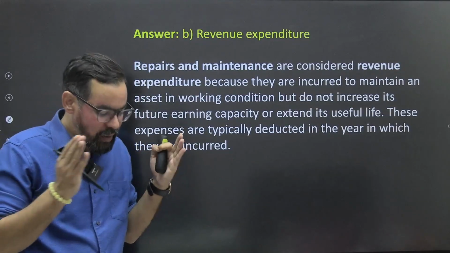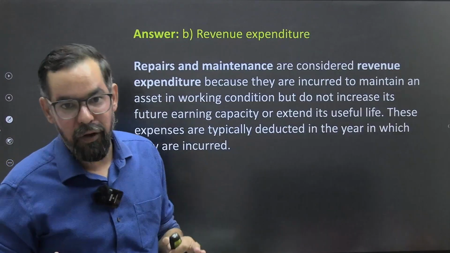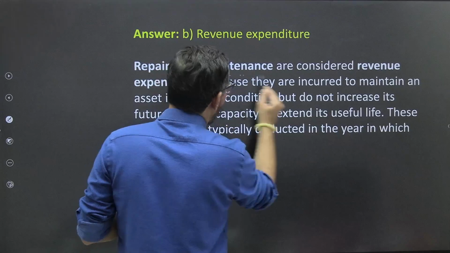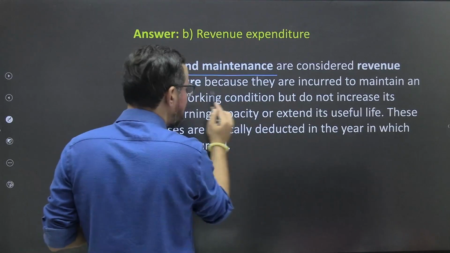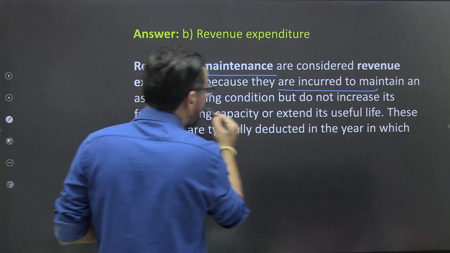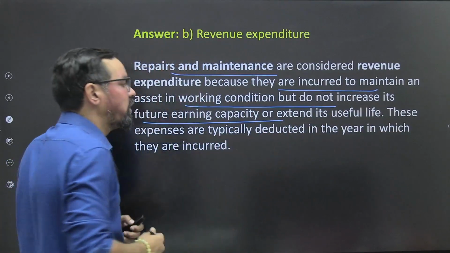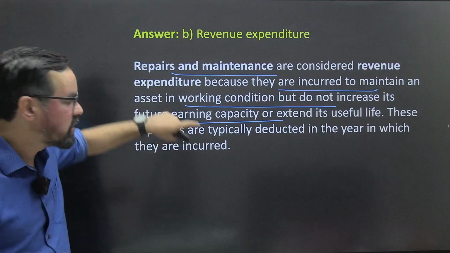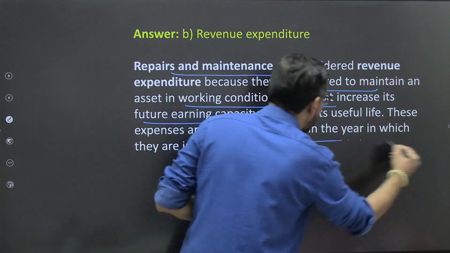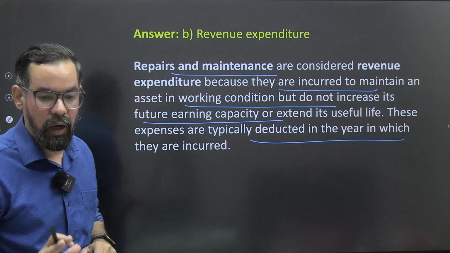But to maintain that particular asset in working condition, that is generally part of revenue expenditure, right? Repair and maintenance are considered as revenue expenditure because they are incurred to maintain an asset in working condition but do not increase its future earning capacity or extend its useful life. It is clearly mentioned here. These expenses are typically deducted in the year in which they are incurred, right?